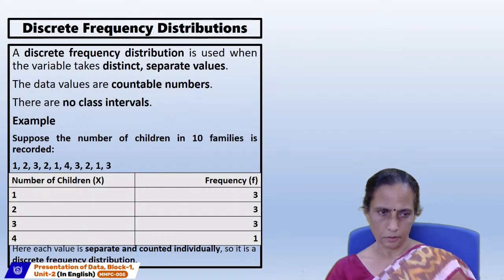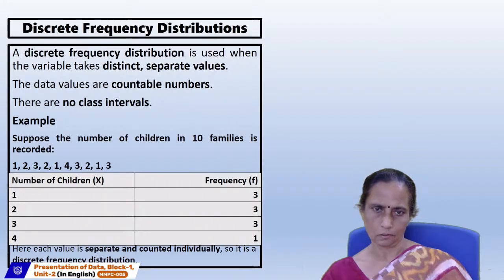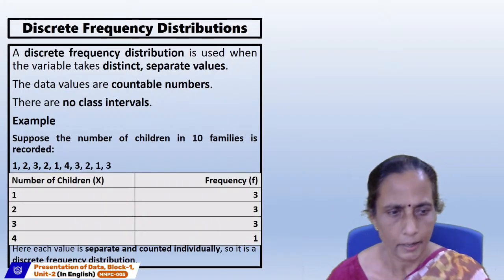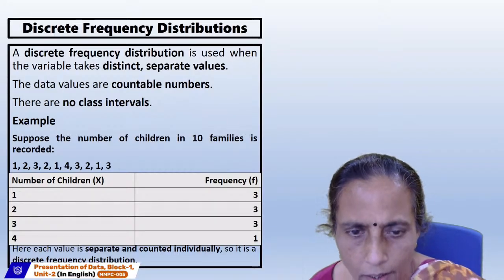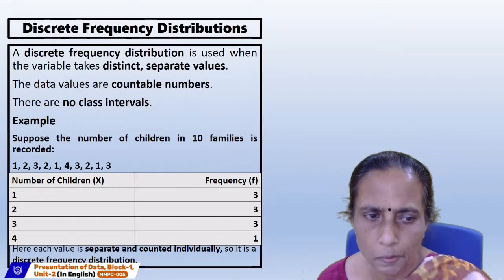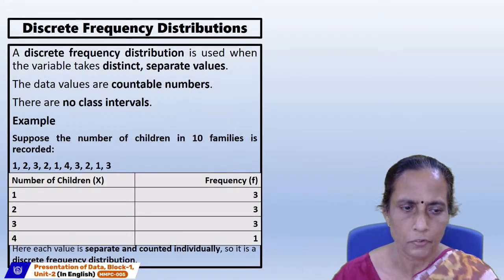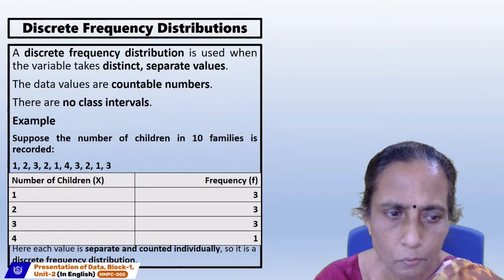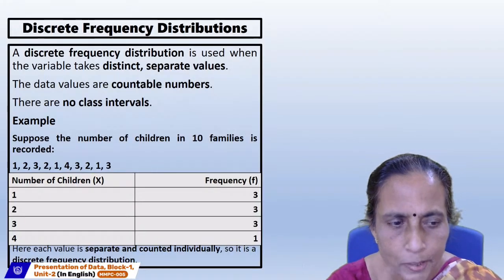Somewhere it is 1, somewhere it is 2, somewhere it is 3, and so on. So we have collected such 10 values, and based on that, I'll make a table. One of my variables will be the number of children in a family. Say 1, 2, 3, 4. I have 4 children max.